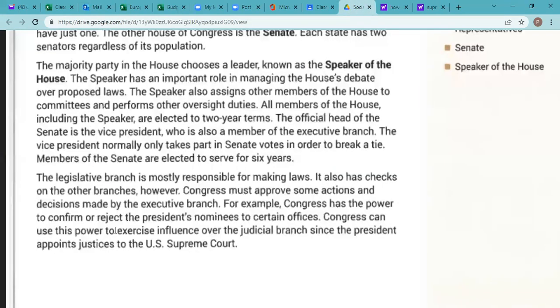That's why it says down at the very bottom that Congress can use this power to exercise influence over that position. Congress did question Ketanji Brown Jackson, and she went through questioning. The previous appointee, appointed by President Trump, was also questioned a lot. She is a Caucasian female.